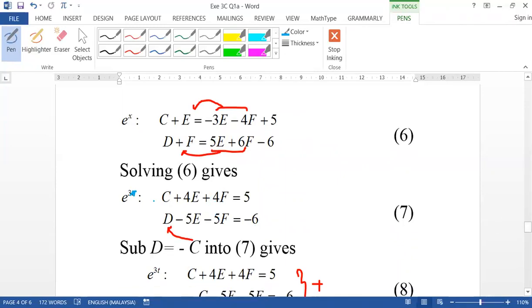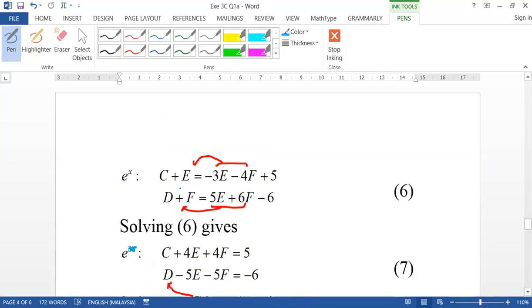So you compare the exponent x term: c plus e equal to negative 3e minus 4f plus 5. You bring all the variables to the left hand side. So you have c plus 4e plus 4f equal to 5. Then from equation 6 here, you bring 5e plus 6f to the left side, so it becomes d minus 5e minus 5f equal to negative 6.